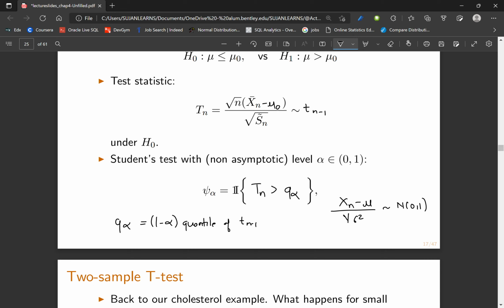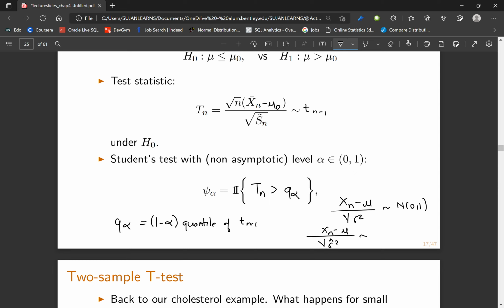But when you replace sigma with the square root of the sample variance, the sample standard deviation, what is this?